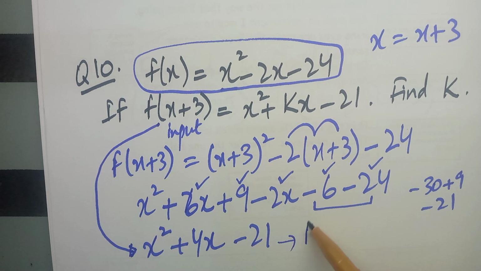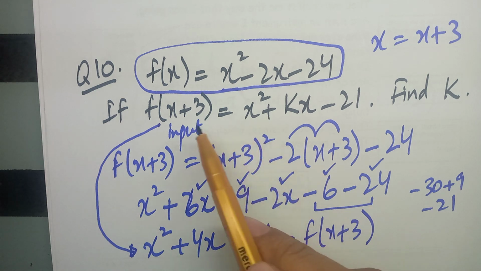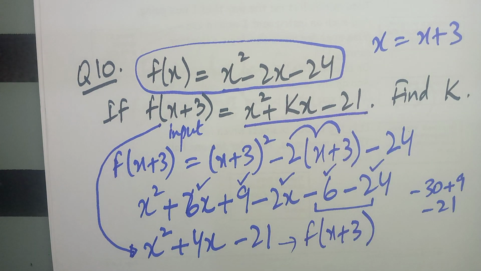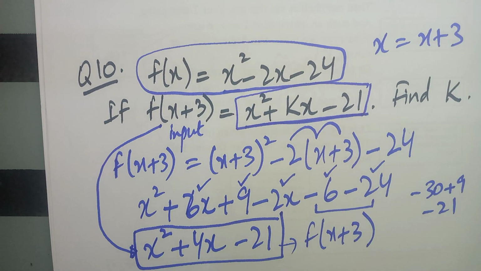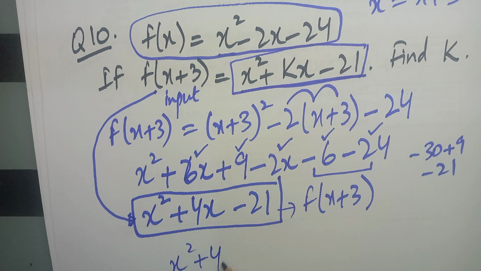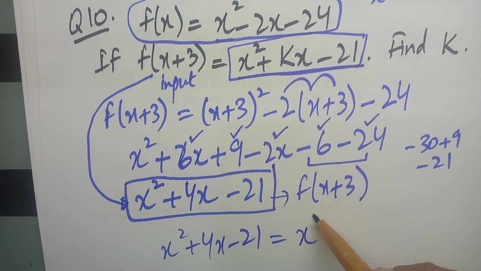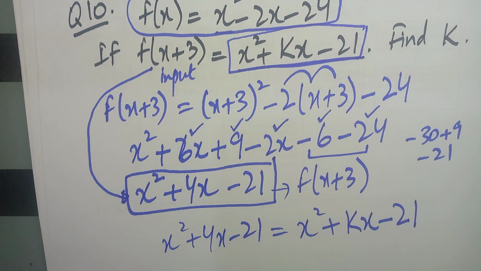This is the evaluation of f of x plus 3, and we know that f of x plus 3 is equal to x square plus kx minus 21. So I will equate this with this function to find the value of k. So x square plus 4x minus 21 is equal to x square plus kx minus 21.